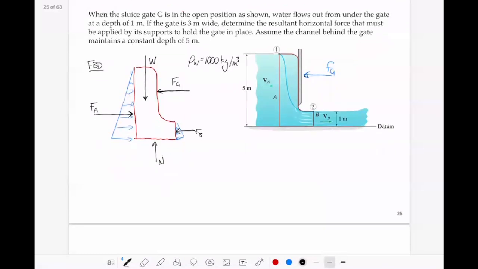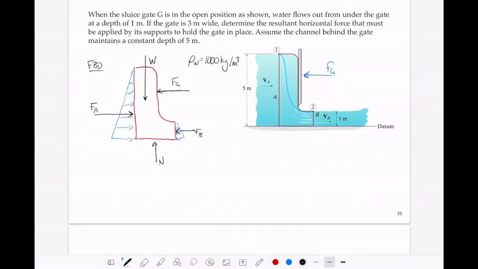So let's think about what we need to do based on the problem that we just solved. We have to figure out the velocities at point A and the velocity at point B. So to do that, we would need to have two equations to solve.